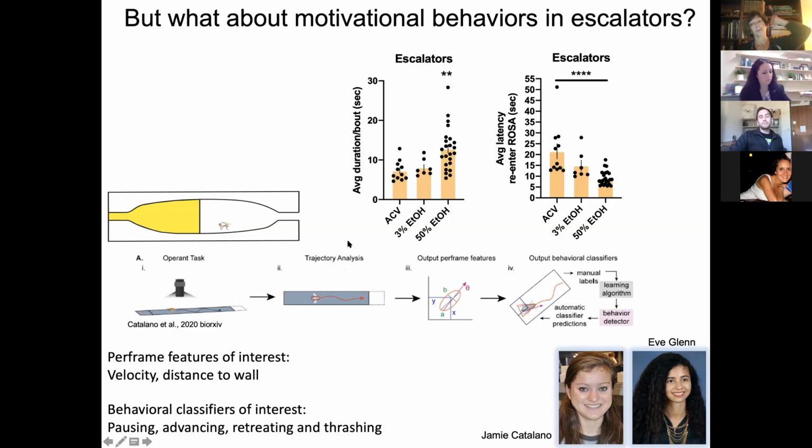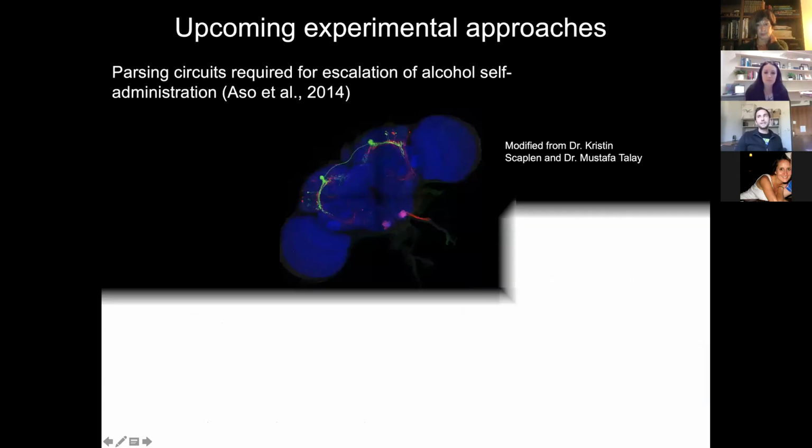So where I'm at right now is I'm currently learning how to construct crosses where I can use the split Gal4 UAS system to investigate the necessity of particular subcompartments or cells in subcompartments of the mushroom body and examine what are the neurons required for the expression of escalation of drug self-administration.